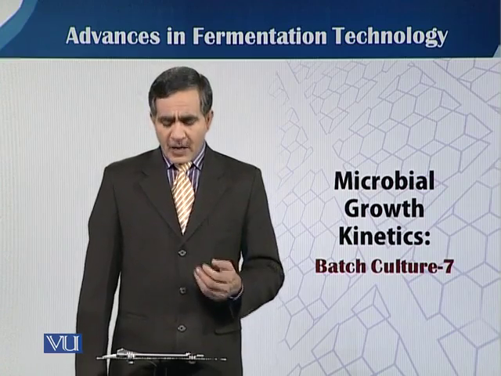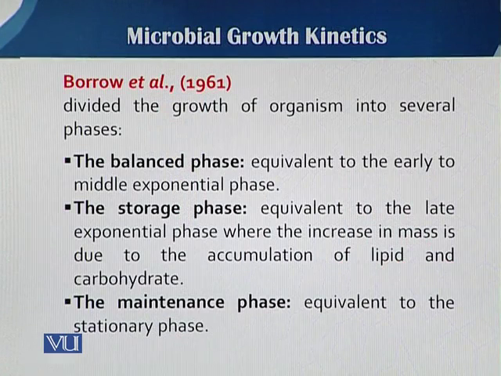So in this module, we will talk about different phases of the growth during the fermentation process with respect to product. In the previous module, we talked about 4 different phases of the growth with respect to biomass, and we discussed in detail that all 4 phases depend upon the ratio between the birth and the death of the cell.